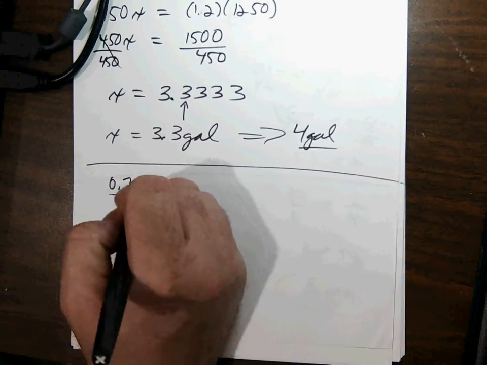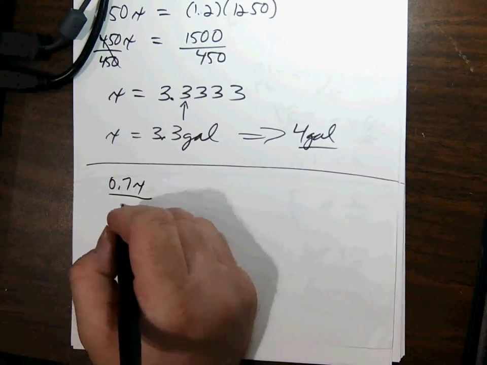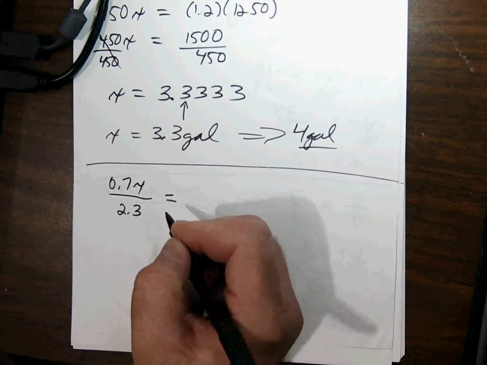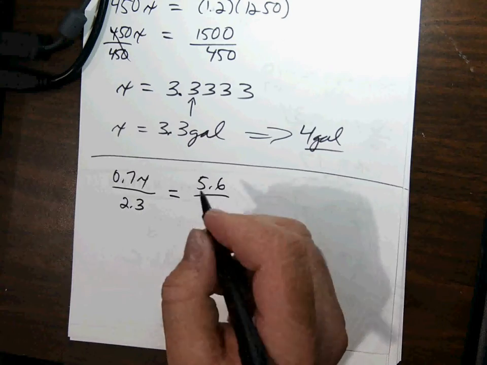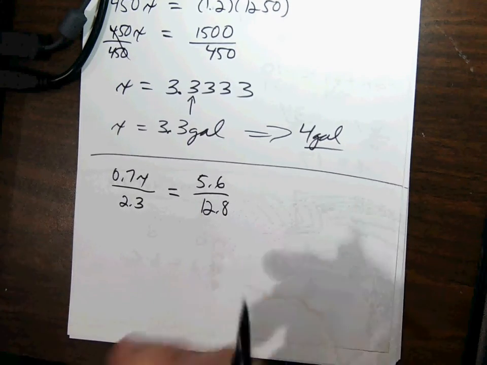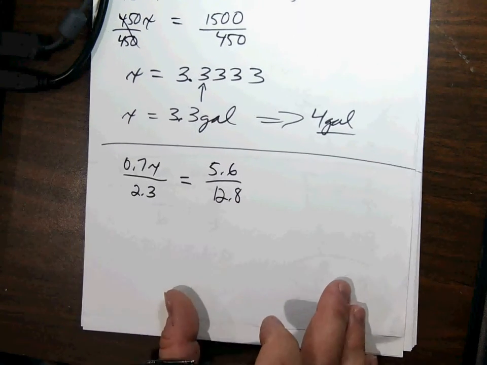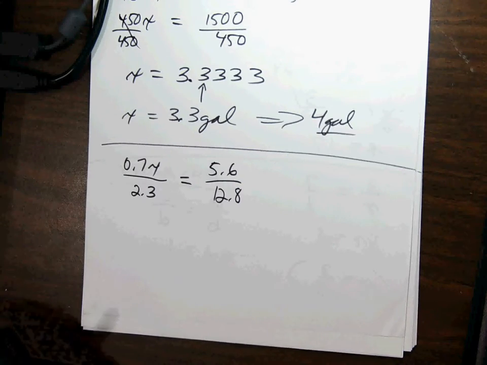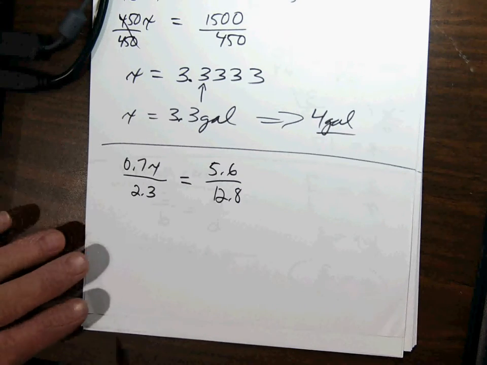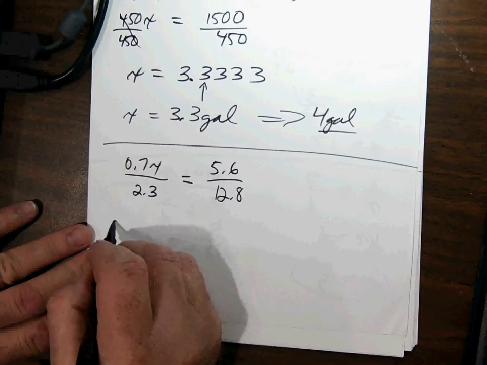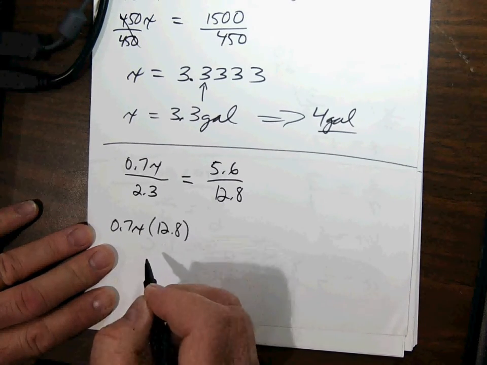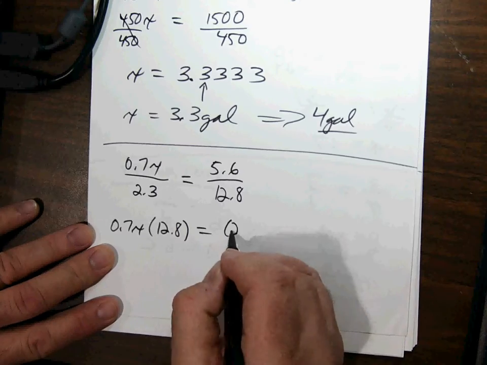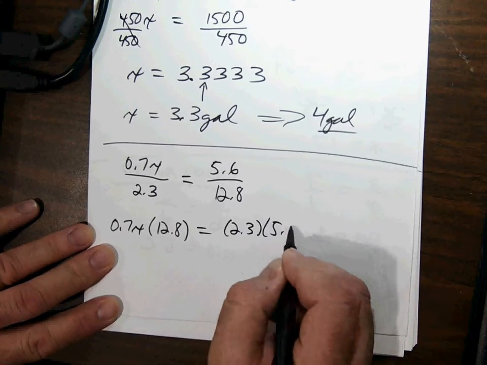0.7x over 2.3 equals 5.6 over 12.8. Equivalent fractions. They're just weirdo looking fractions with decimals. We're not used to seeing that, but whoop-de-doo, nothing we can't handle. If I cross multiply, I've got 0.7x multiplied by 12.8 equals 2.3 times 5.6.